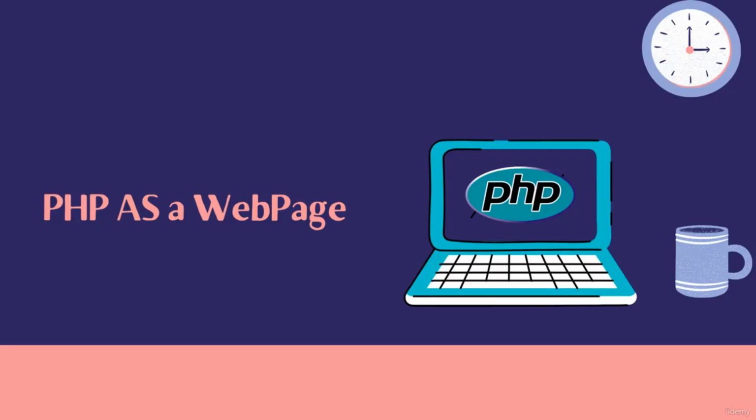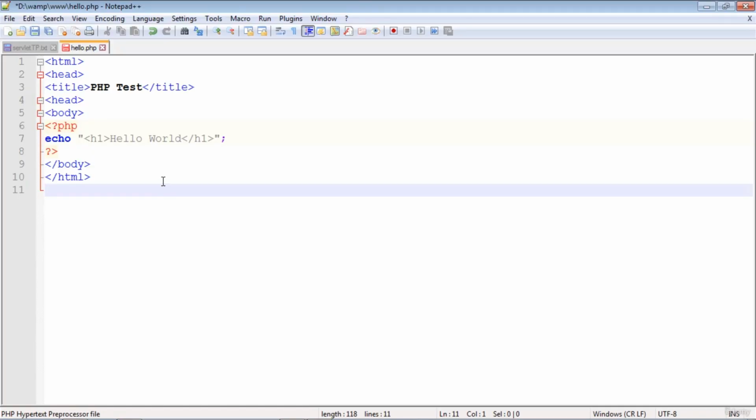Okay. So this demonstration will show you how to execute a hello world application as a web page. For that purpose, I have written this HTML code. Remember that any HTML code or HTML script can be saved as a PHP file.